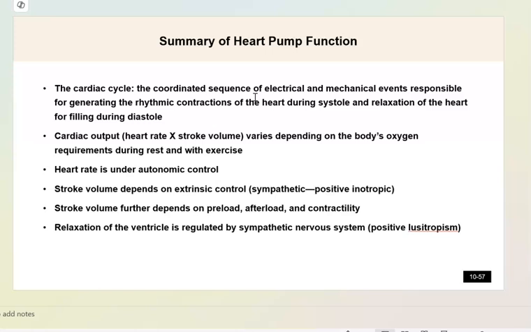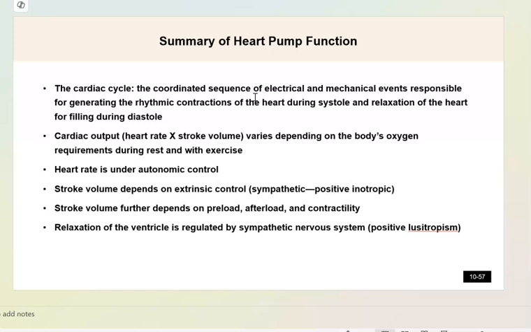So when we're talking again about this whole time, it's been the heart as a pump and how it functions. We're going to talk it through one more time to wrap it up. The cardiac cycle is a coordinated sequence of electrical and mechanical events responsible for generating the rhythmic contractions of the heart during systole and relaxation of the heart for filling during diastole. Our cardiac output is our stroke volume times our heart rate, and those are going to vary depending on the body's oxygen requirements, whether we're at rest or with exercise.